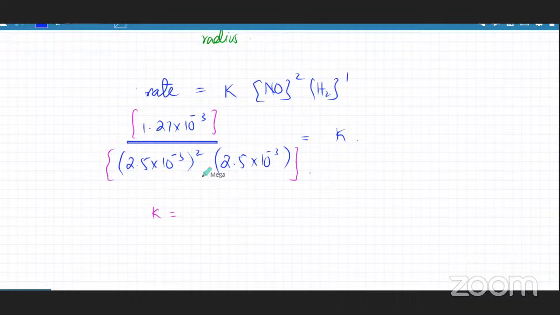Achha, it's 8.1, three significant figures. Okay, what will it be? Into 10 raised to power 4. 8.12. Achha, into 10 to the power minus 4. Into 4, no, missing. Achha, plus 4.